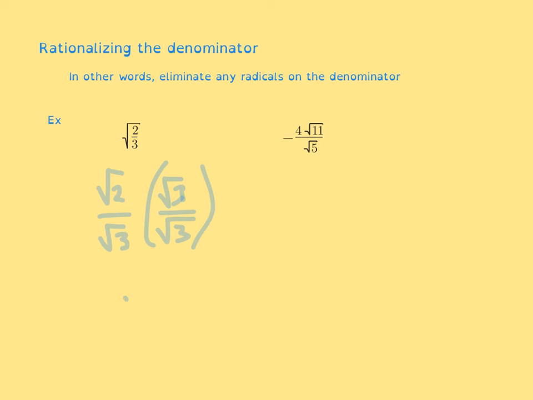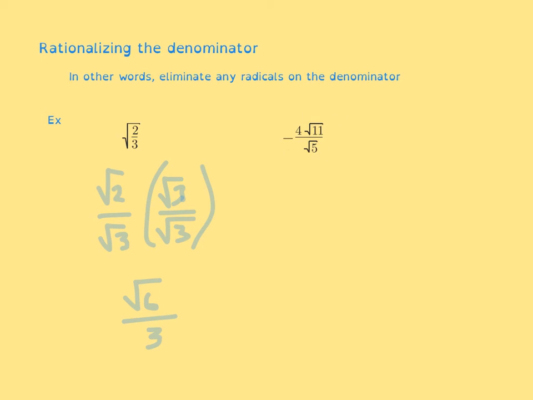And that gives us a √6 on the numerator. And √3 times √3 is just 3. So we have rationalized this denominator. It looks quite a bit different from the way it did before, but there it is. Type them both into the calculator and they should be the same.